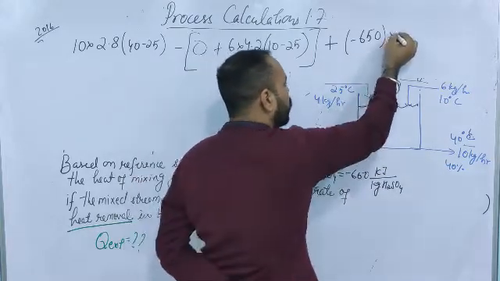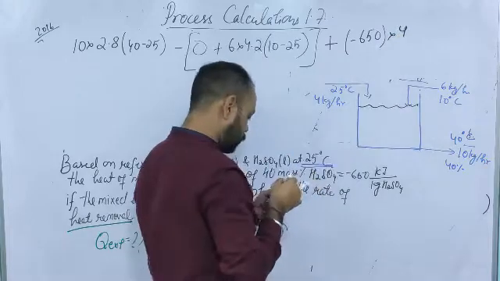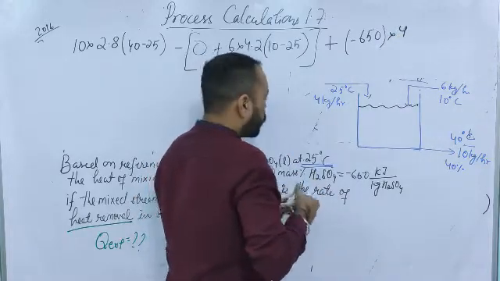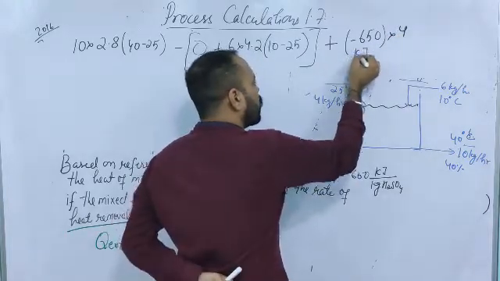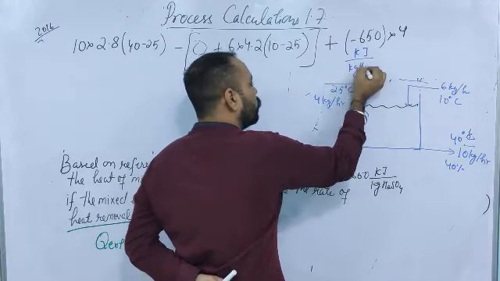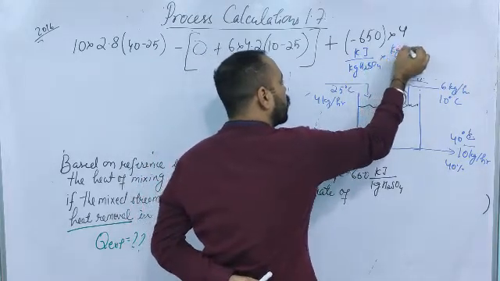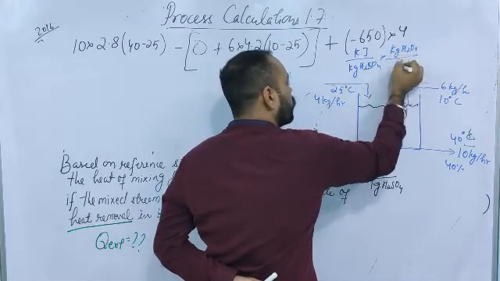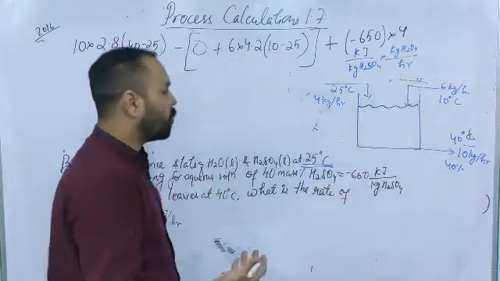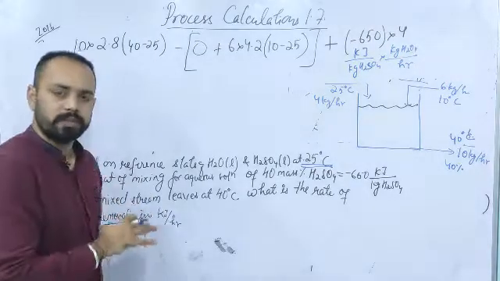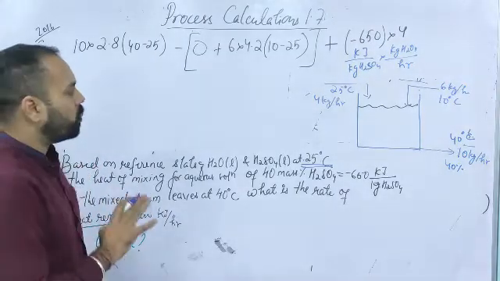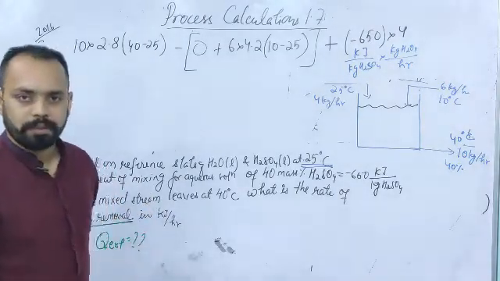So 650 into 4, check the units. Kilojoules per kg H2SO4, and this is kg H2SO4 per hour. So what is the unit? Kilojoule per hour. You can also check the units of other terms. It is also kilojoule per hour. So the units are fine. The equation is correct.